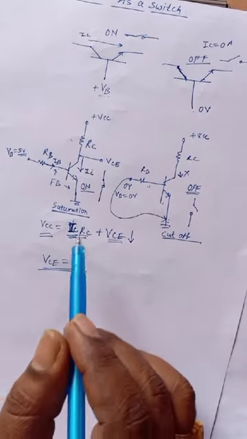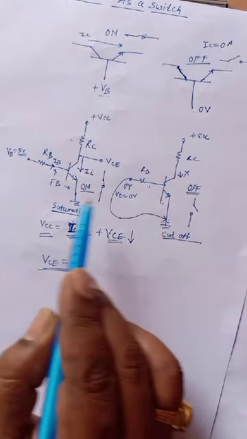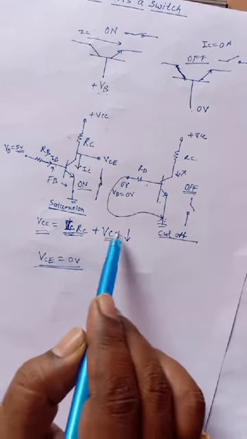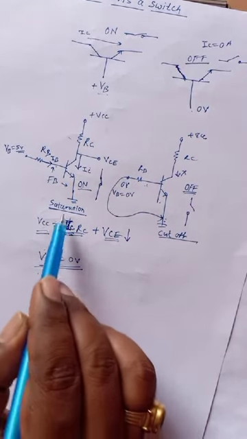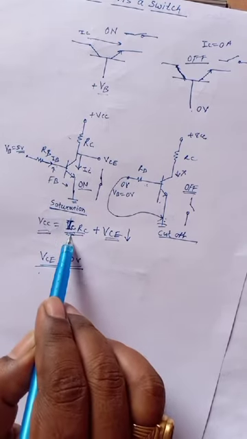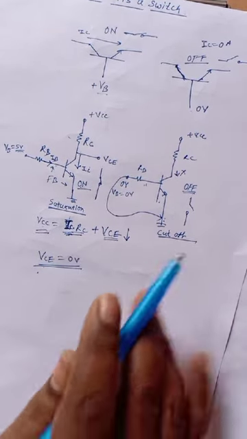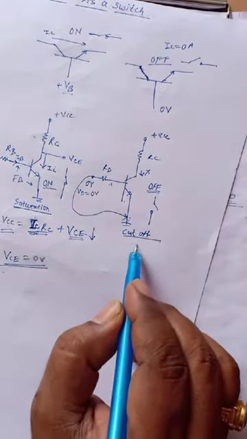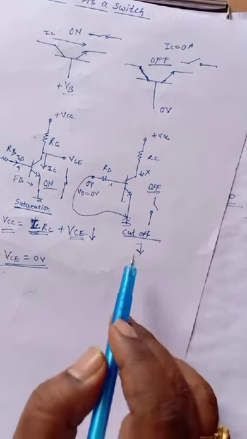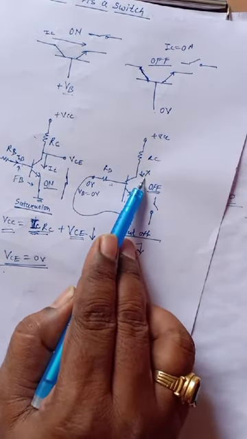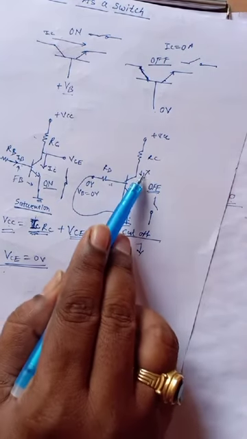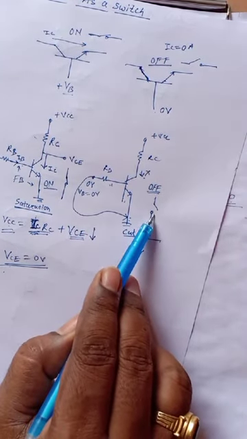Okay, so this is about the output equation, and from the output equation we can find that when the transistor is in saturation, collector current is maximum and VCE equals 0. Then what happens when it is in cutoff? When it is in cutoff, collector current is 0, and it acts like an open switch.